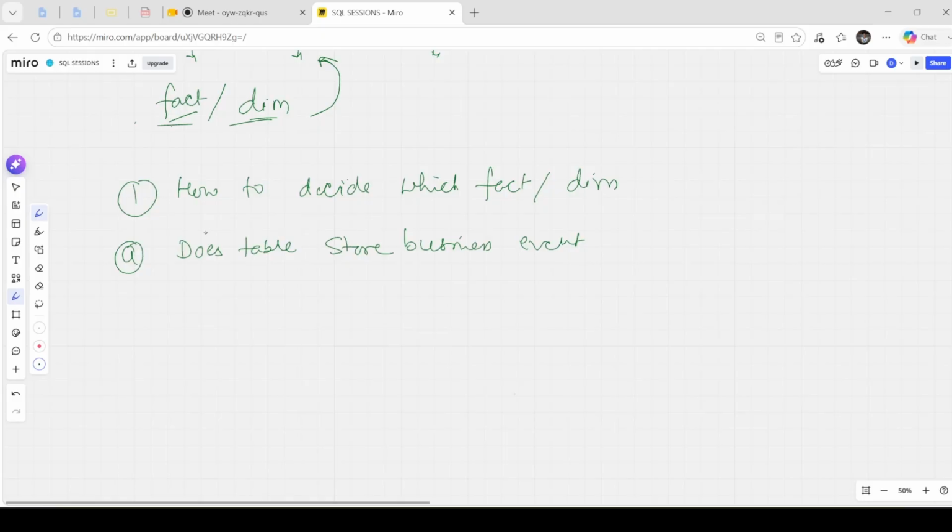This we already understood. So it means that order items. Okay, then we can have inventory, sales, and payment. These tables are going to be fact table. Okay, this is one thing.